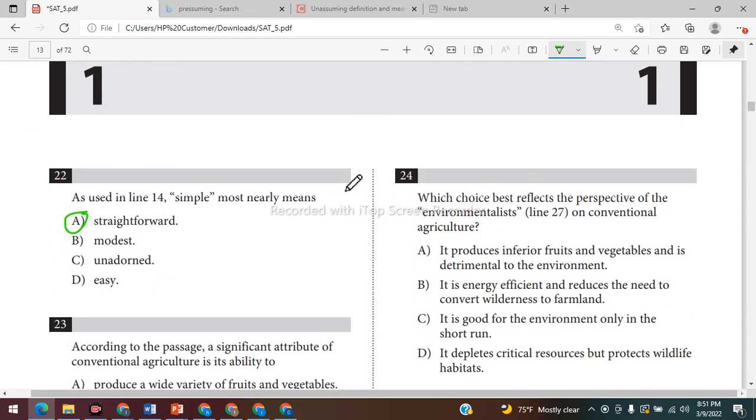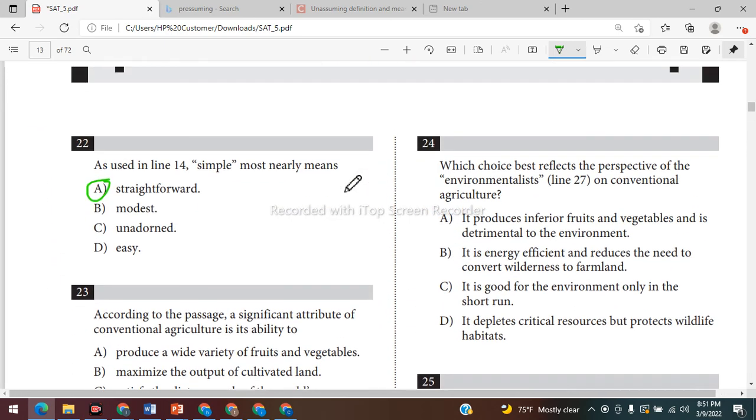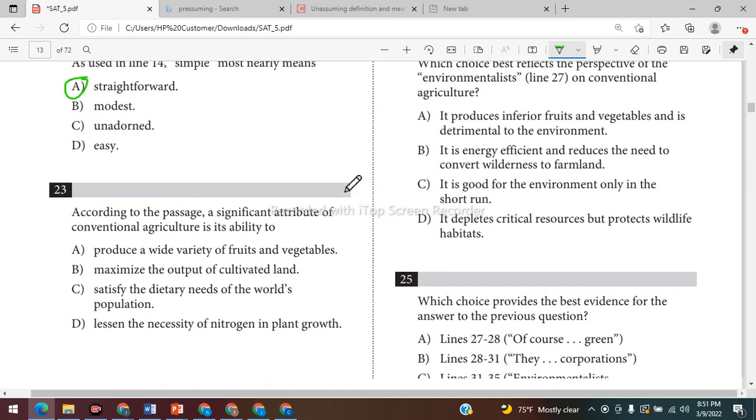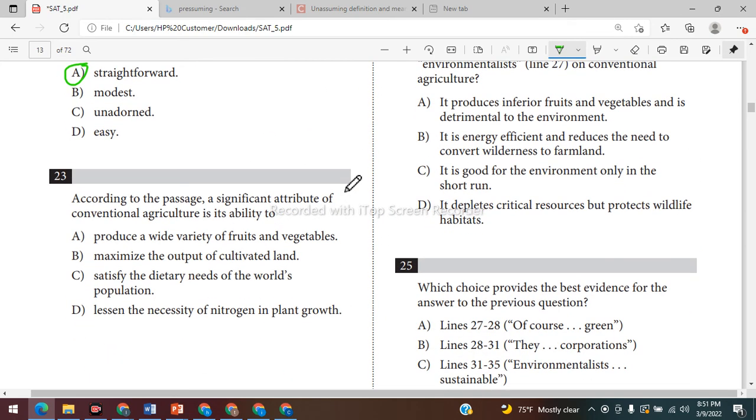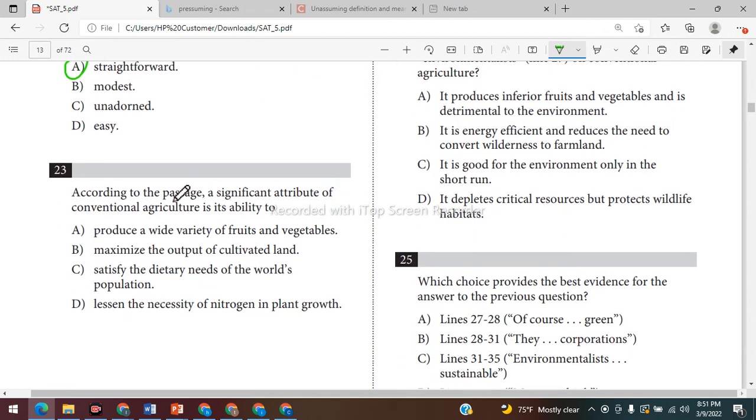Okay, so let's go. I'm going to do two more, and then we're going to depart, so we can leave the rest for later. According to the passage, a significant attribute of conventional agriculture is its ability to what?